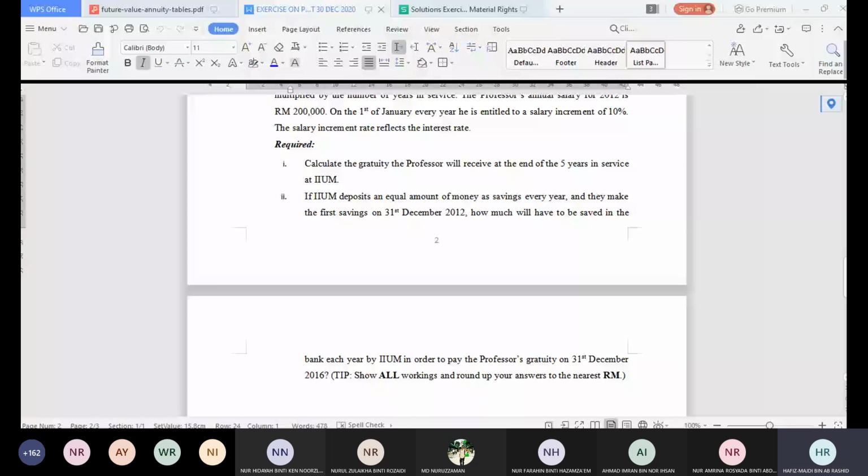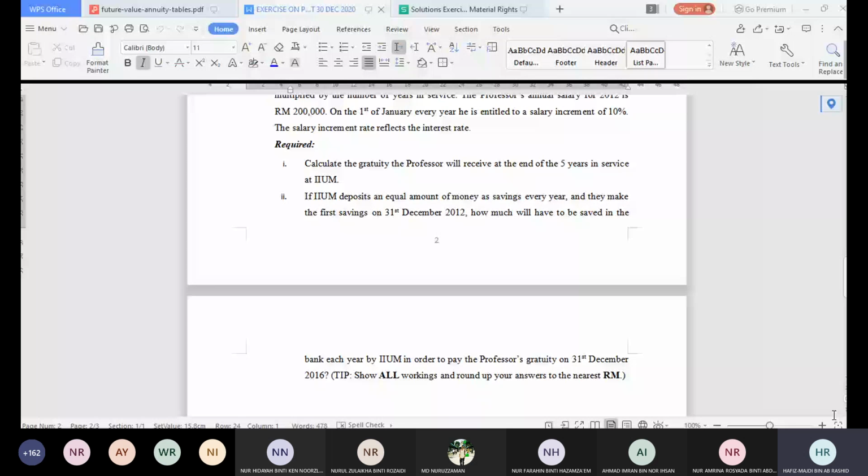The question asks how much the employer needs to save or contribute in order to ensure that when the professor retires, they will be able to pay the professor the gratuity. That is the requirement of the question.